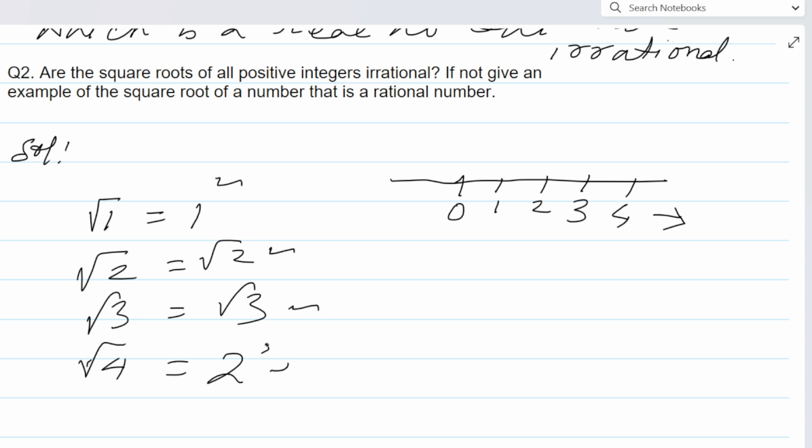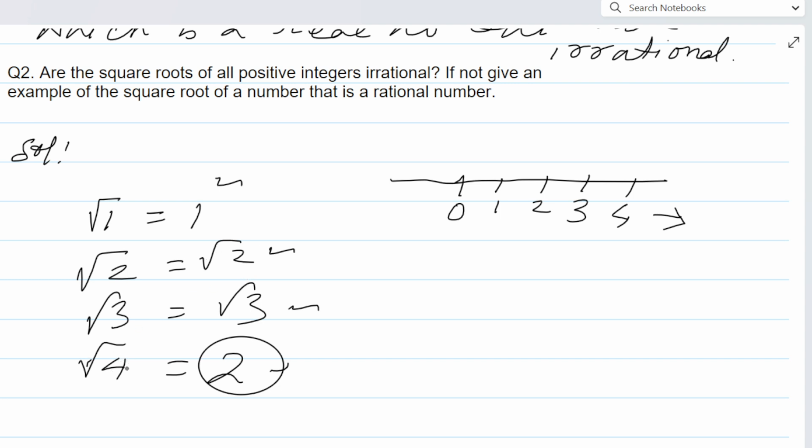So here 2 is a rational number. Yes, root 2 and root 3 are irrational numbers, but 2 is a rational number, and 1 is a rational number. That means, are the square roots of all positive integers irrational? No. Some might be irrational, but not all. For example, root 4.